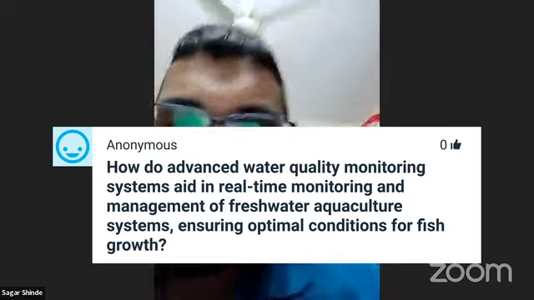Already there are a lot of interventions in monitoring water quality through artificial intelligence and various kinds of probes which will notify farmers whether their water quality parameters are good or not.